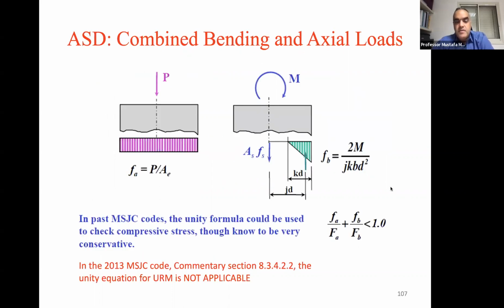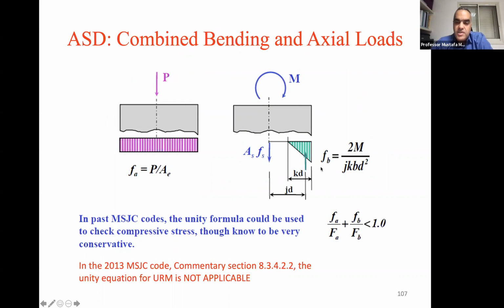Combined axial and bending for ASD, that's what we have. So this is the axial load, this is the moment. Here we have reinforcement at the center of the wall. Here we have compression on this face, that's the green part of the wall.